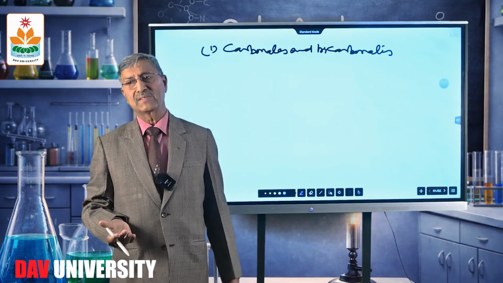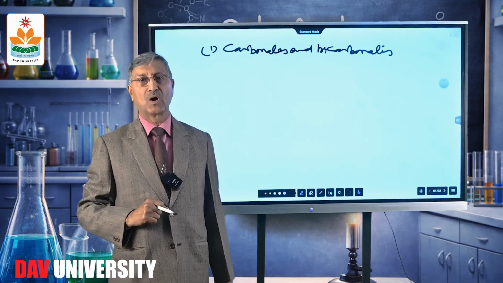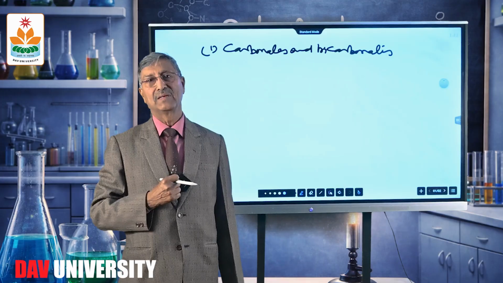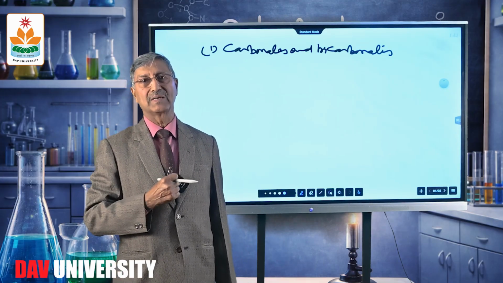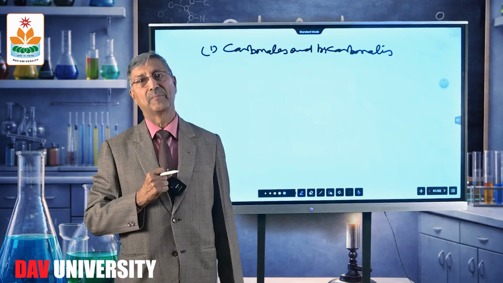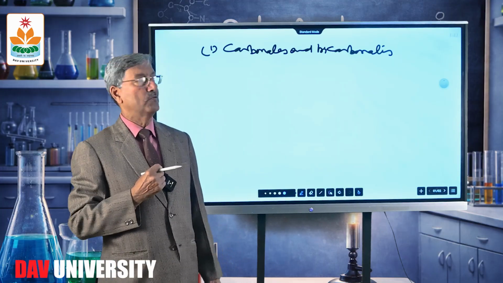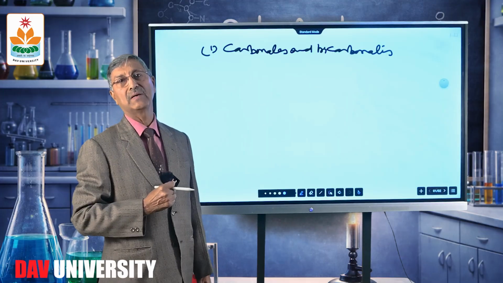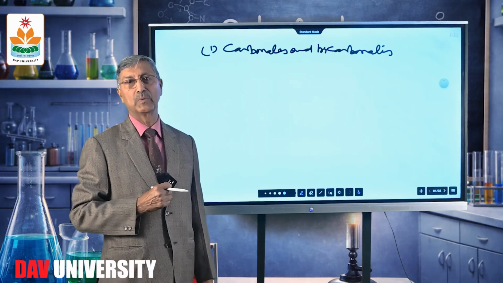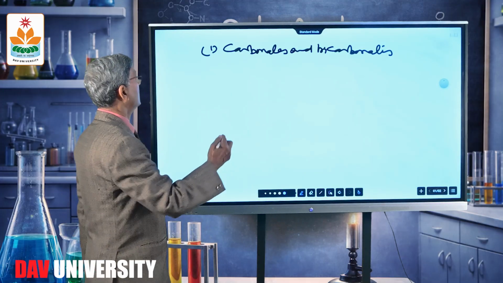All bicarbonates are soluble in water. However, in case of carbonates, only alkali metal carbonates and ammonium carbonate, etc., are soluble in water. Other carbonates are not soluble in water. So in that case, we have to take them separately. That is insoluble carbonate, and the second category will be soluble carbonates and bicarbonates.